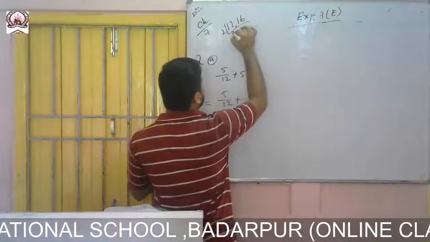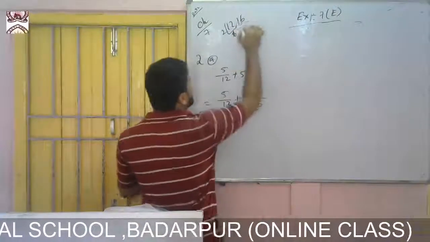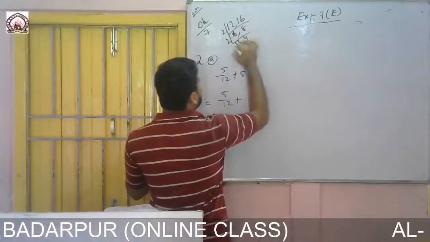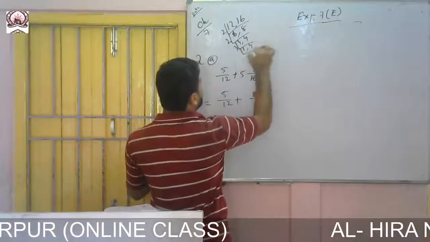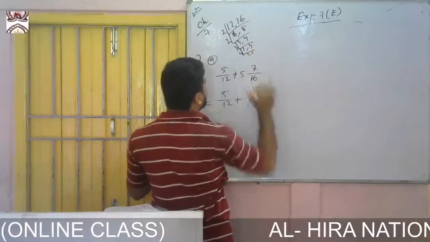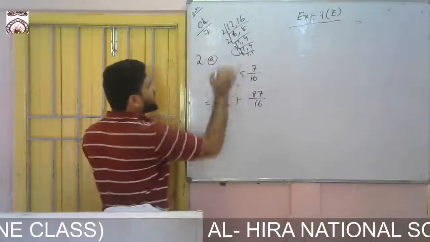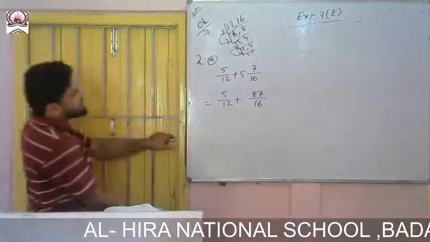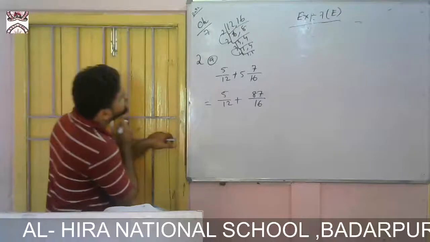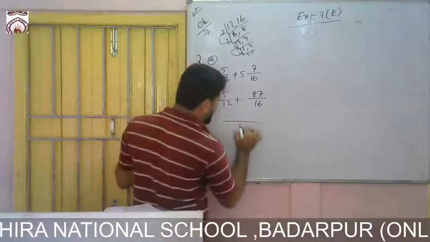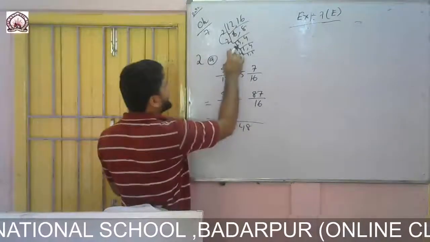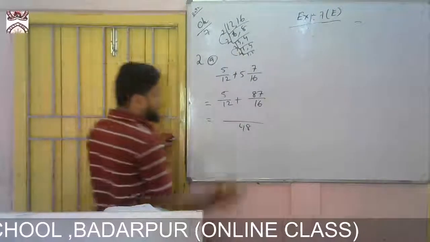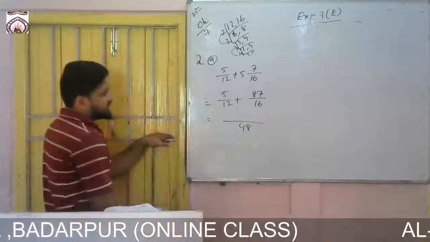With 2s, 6 2s are 12, 8 2s are 16, and with 3 and 4. So 4 3s are 12 and 2 2s are 4. So it will be 48, because 4 3s are 12, 12 4s are 48.